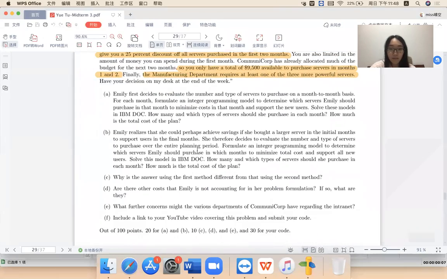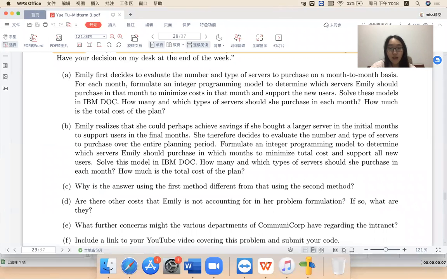For part B, Emily decides to evaluate the number and type of servers to purchase over the entire planning period. Note that it's the entire planning period. We should also formulate an integer programming model to solve the problem and run the code in IBM.